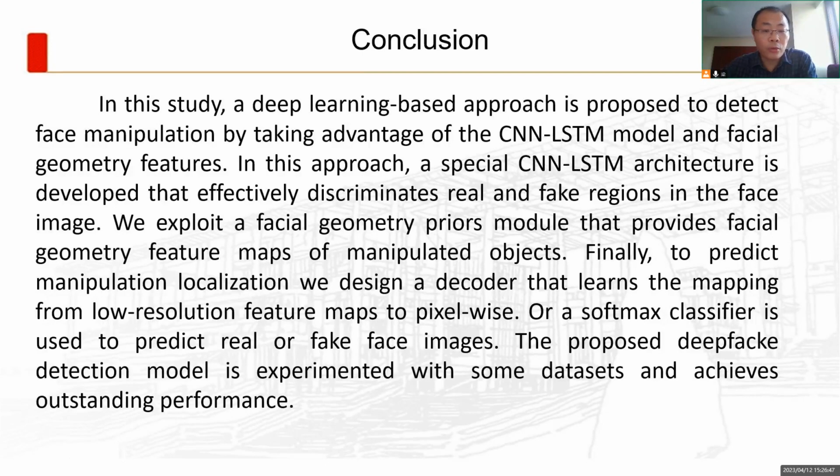We explored a facial geometry prior model that provides facial geometry feature maps of manipulated objects. Finally, to predict the manipulation localizations, we design a decoder that learns the mapping from low resolution feature maps to pixel-wise, and a softmax classifier is used to predict the real or fake face images. The proposed deepfake detection model is experimented with some datasets and achieves outstanding performance.